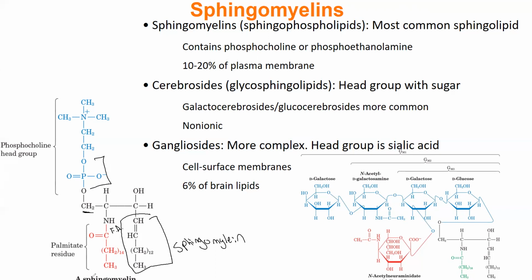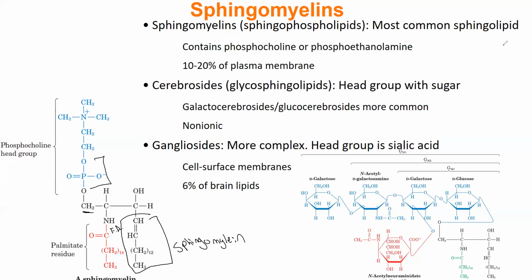So sphingomyelins, or sphingophospholipids, are going to be your most common sphingolipids. So they are the most common type of lipid that makes up the majority of your plasma membrane. So they're very common, these sphingomyelins.